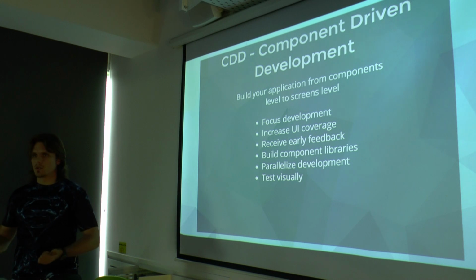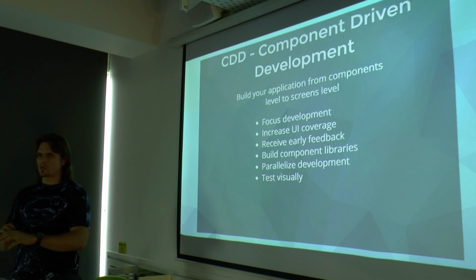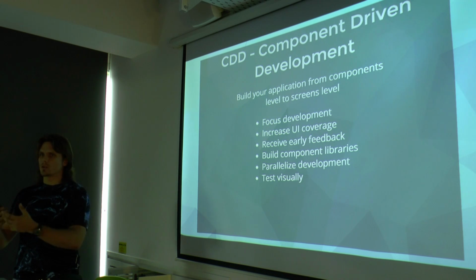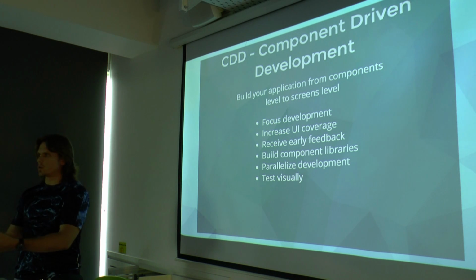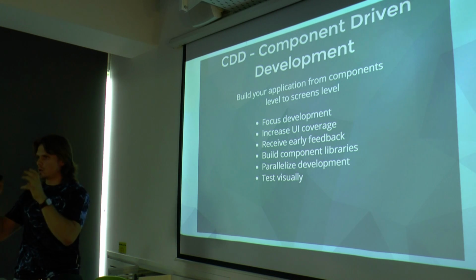You also test them visually in separation. You can parallelize your development between several teams or in one team. Several people work on separated components, and they work on them API first. So they may not be connecting them to Redux or MobX or whatever. They're just doing the components with visual styling, and that's it.